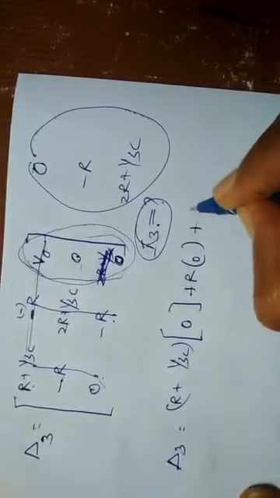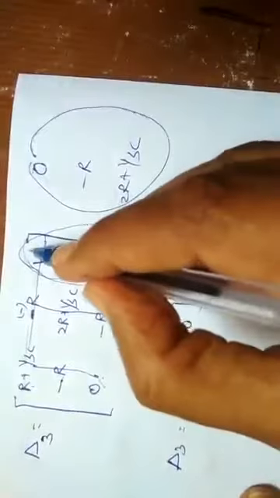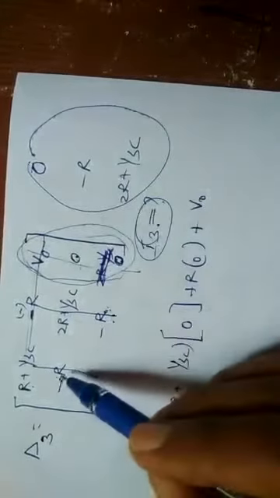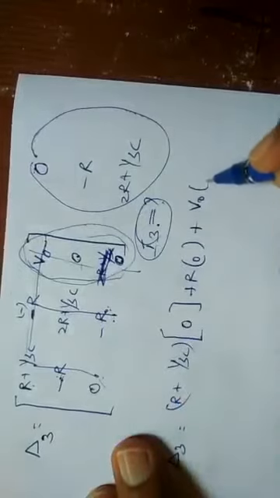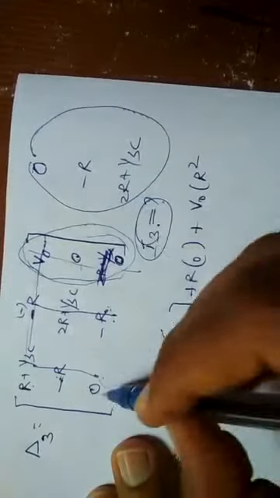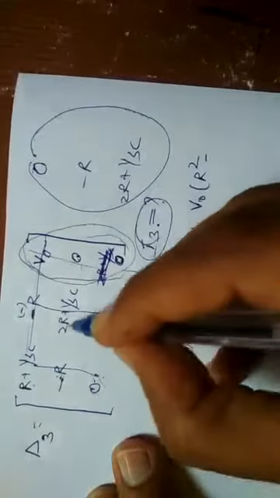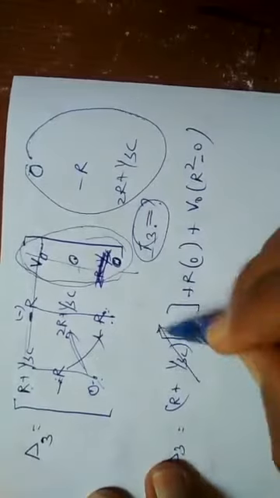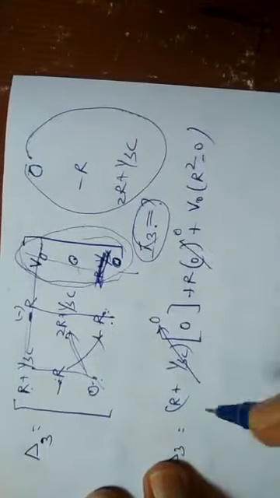Plus V out, the third factor, into, leaving this column and this row, you have to consider these two matrix positions. Minus R into minus R, it is R squared, minus 0 into this thing, so this minus this, so 0. So this one is 0, the second term is also 0.